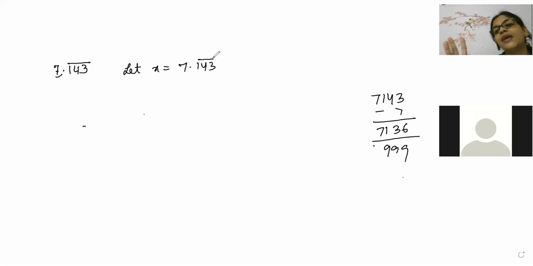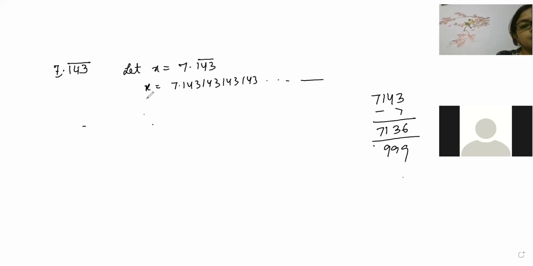So we will multiply both side by 1000. Now subtract.